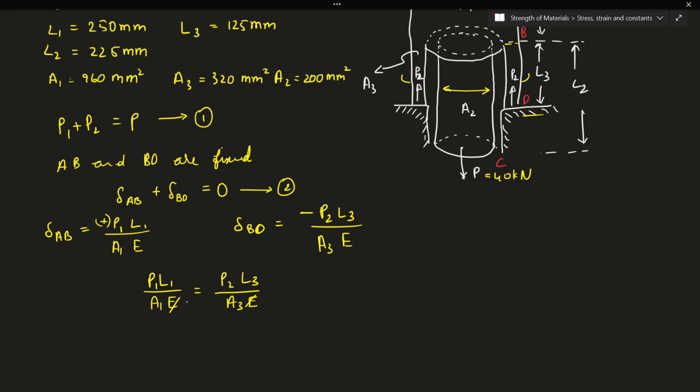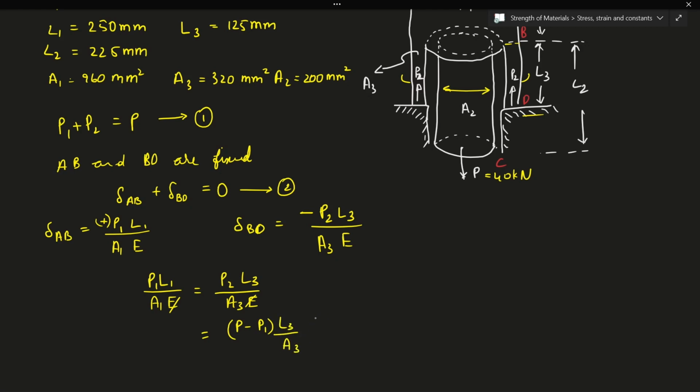E will be cancelled. If I substitute the rest, I'll be able to calculate P1. Right, so let me just write down a couple of steps here. Let me substitute the value for P2 from equation 1. So I'll be having P minus P1 into L3 divided by A3.